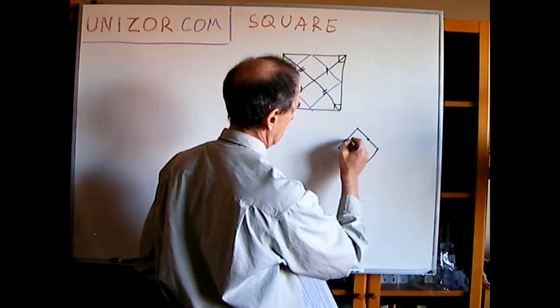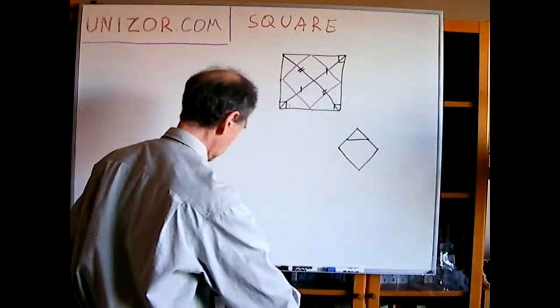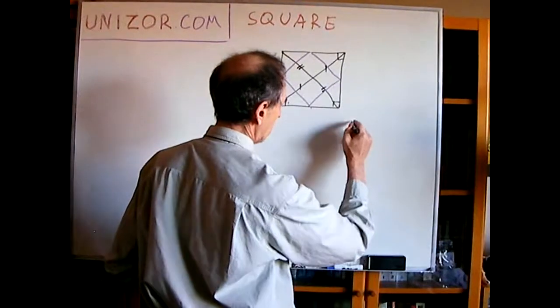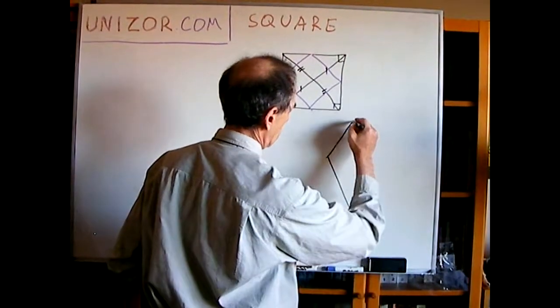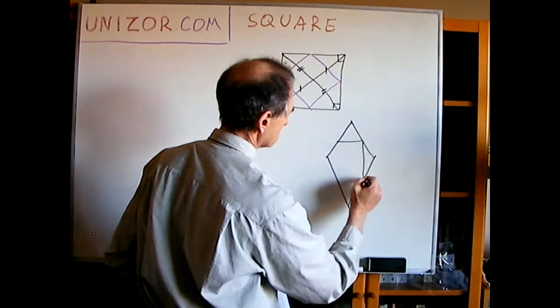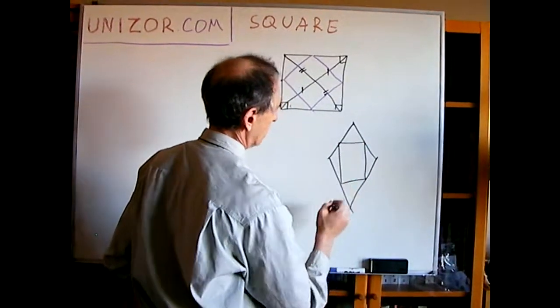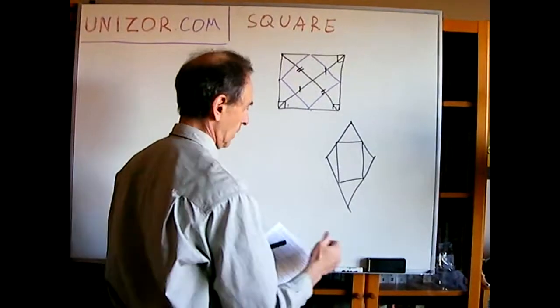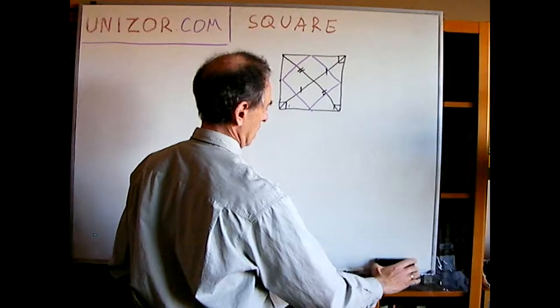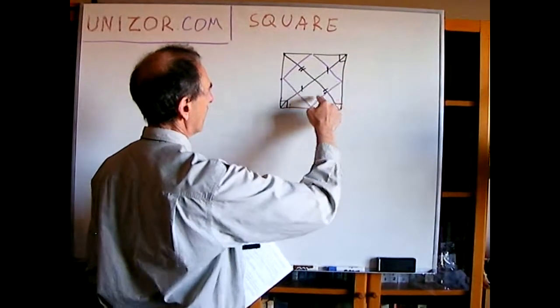Let me just draw a different rhombus, more narrow. If you connect midpoints, you will have a rectangle. All right, so this is a rectangle now.